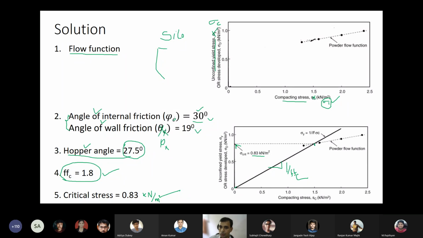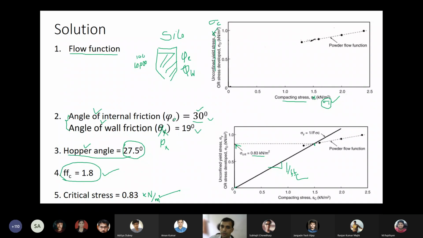So we have the silo, and we can only measure the angle of internal friction and the angle of wall friction, in a large silo which can store almost 10,000 tons, for example, or 1,000 tons, whatever.